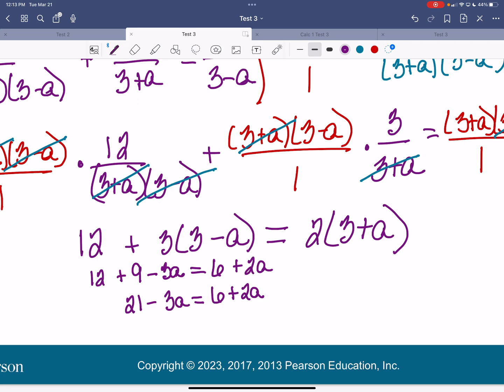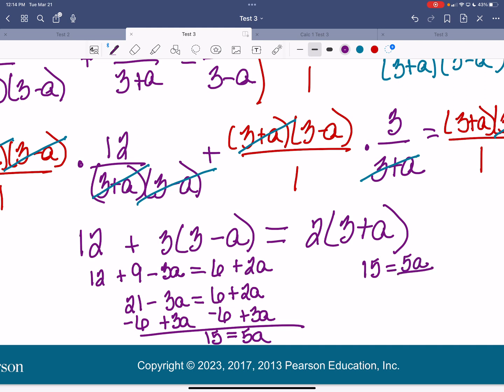Let's go ahead and add 3a to both sides. Why did I add 3a to both sides instead of subtracting 2a? It keeps the variable positive. Then I'm going to subtract 6 from both sides. So now I've got 15 equals 5a. I'm going to divide both sides by 5, and I get that 3 equals a.